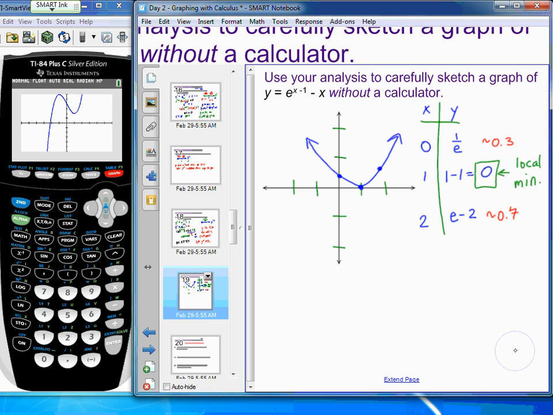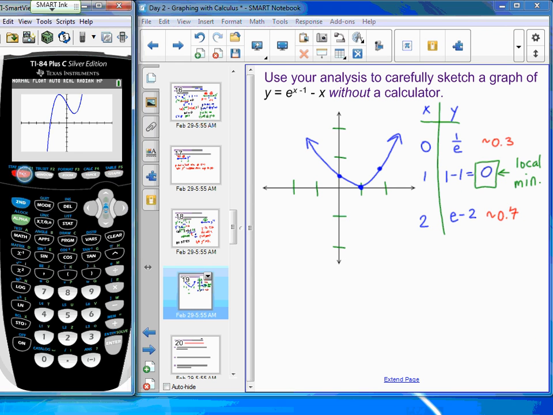All right, moment of truth. Let's see how we did. So I'm going to change my window to match it. Let's do a window of about negative 2.5 to 2.5, because we're trying to see how well we did. Y min, negative 2 to positive 2. Maybe? Yeah?